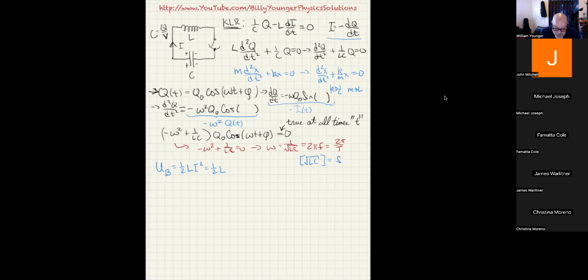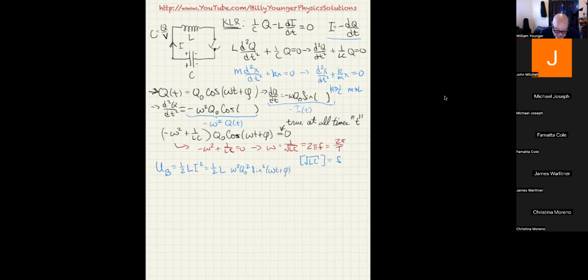So I can plug this in and say, okay, well, that's going to be omega squared q0 squared times the sine squared of the argument, which I'll write this time, omega t plus phi.